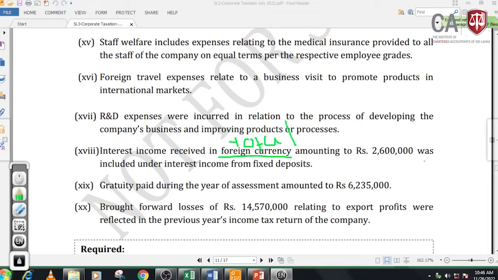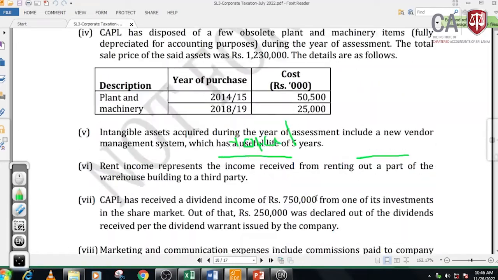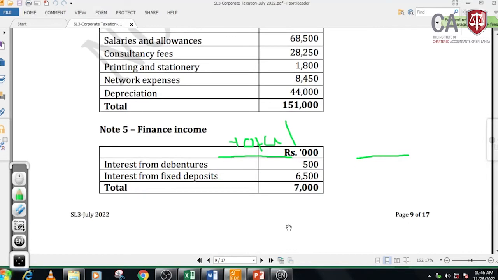Then in that it's amounting to rupees 2.6 million. If I go to the note, in that finance income, interest from debenture, interest from fixed deposit 6.5.